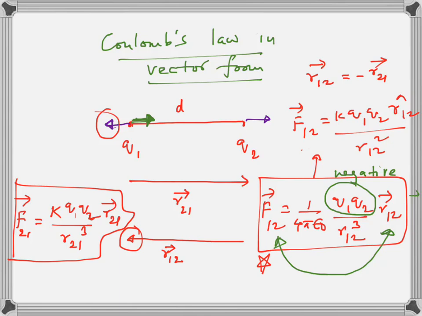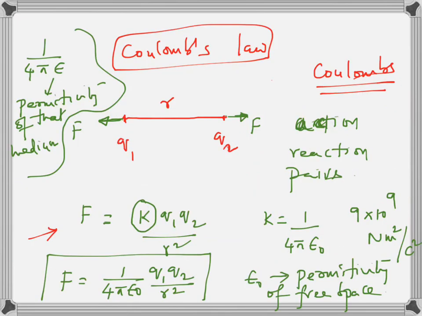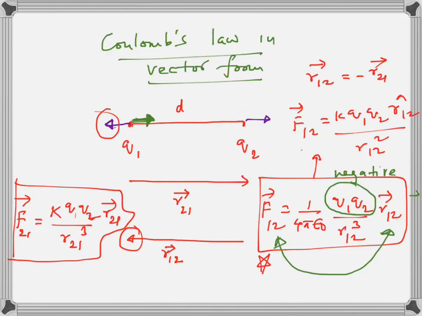In fact, Coulomb's law gives force between two charged particles. Force is a vector quantity, so we must write this law as a vector. What we wrote previously is not Coulomb's law. It is only giving you the magnitude of force, right? So actual Coulomb's law is what I have marked by star. That is actual Coulomb's law.